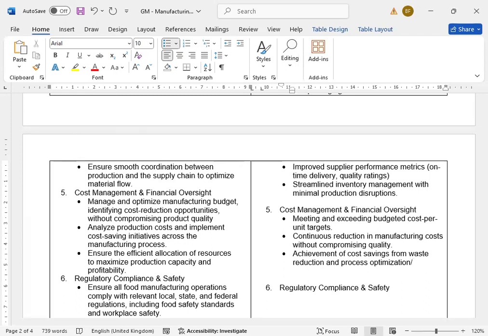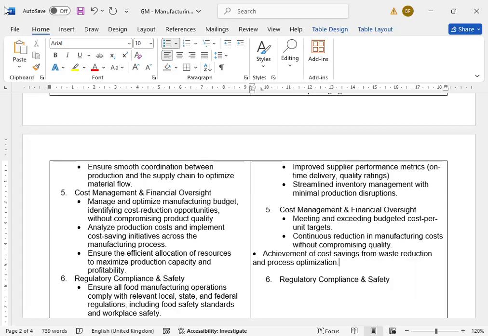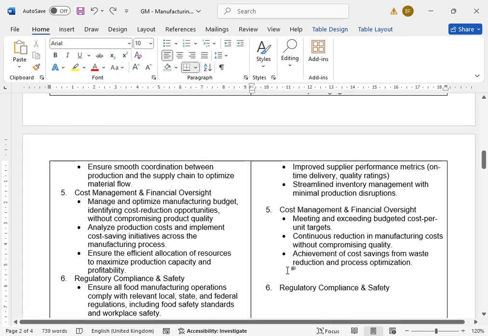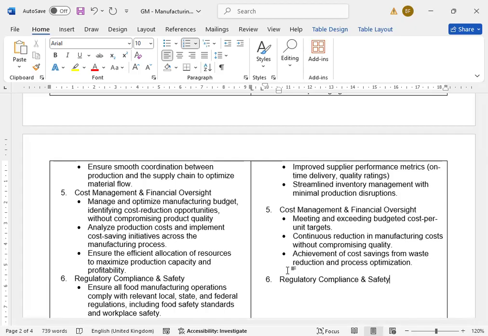Okay. Wrong. Should be here. Okay. This is for the last success indicator, for regulatory compliance and safety.